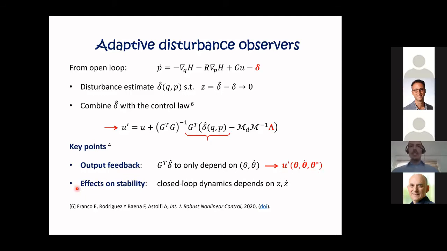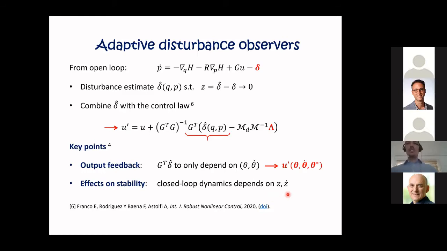The other aspect is related to stability, and it is linked to the type of observer design we choose. Depending on whether we achieve a specific dynamics of the error, this would have a repercussion on the closed loop dynamics, because that is in a way coupled with the error dynamics itself.